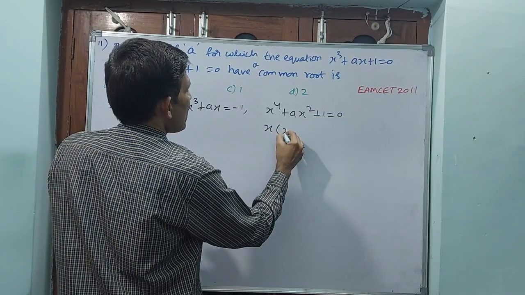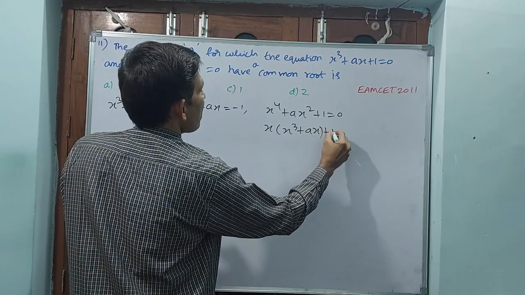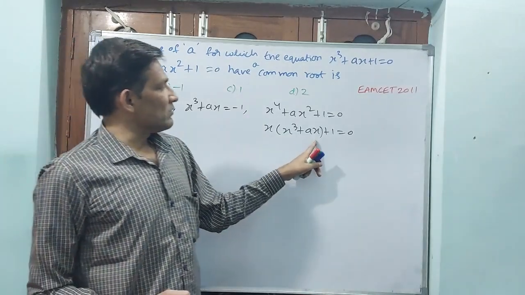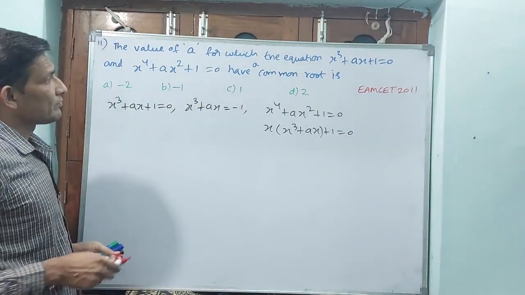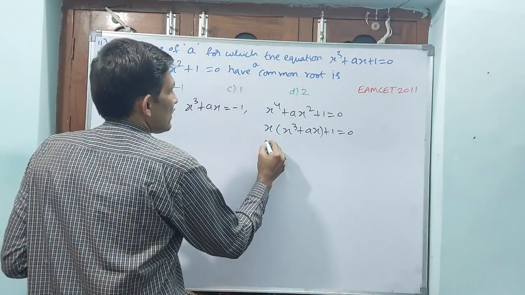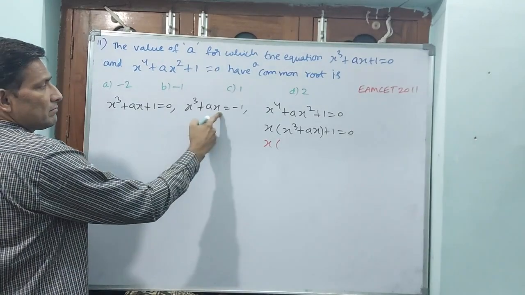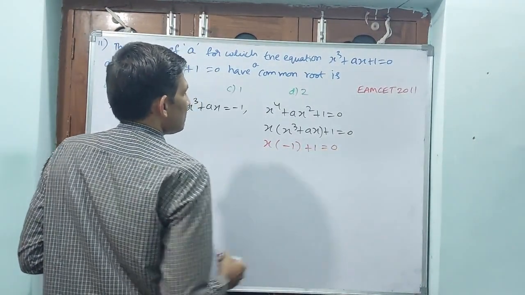If I take x common, x cube plus ax plus 1 appears. Now x I will take, but x cube plus ax is minus 1, plus 1 equal to 0.